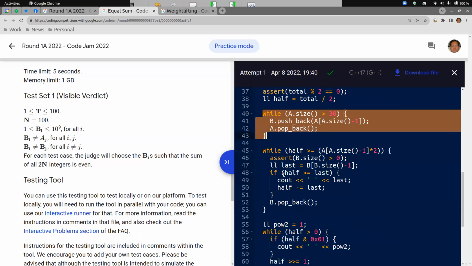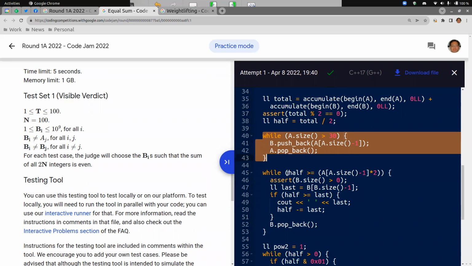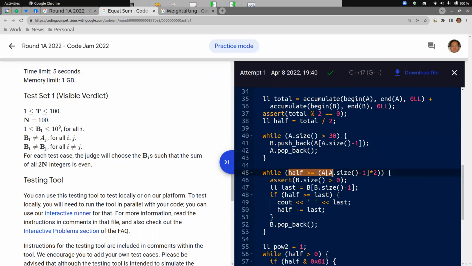So now here, while half, the number that I'm shooting for, is bigger than 2 times the largest power of 2, which is basically the largest number that you can form, the largest power of 2 minus 1. My largest power of 2 is 2 to the 30, so the largest number I can form in binary is 2 to the 30 times 2 minus 1.